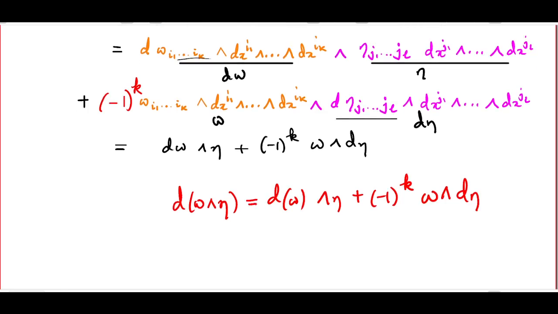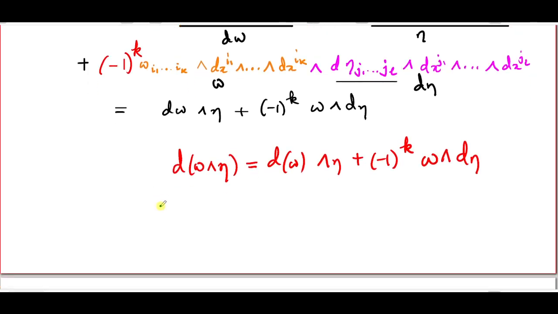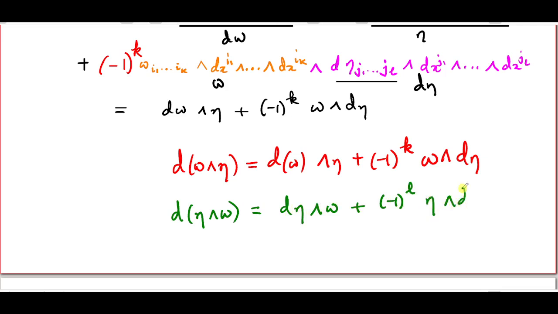Let me now stress something which should be perfectly obvious in the first place, that if we were to interchange the two forms here and work out d of eta wedge omega instead of d of omega wedge eta, you would get something very similar, but the result would be something like this. Minus 1 to the L eta wedge d omega.